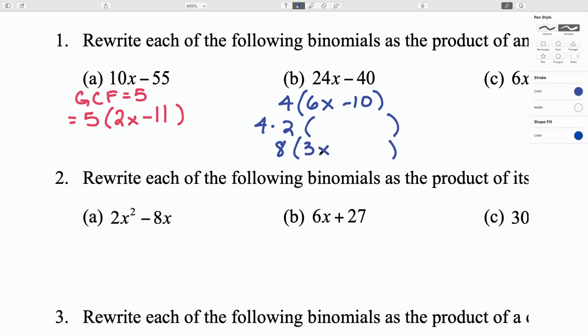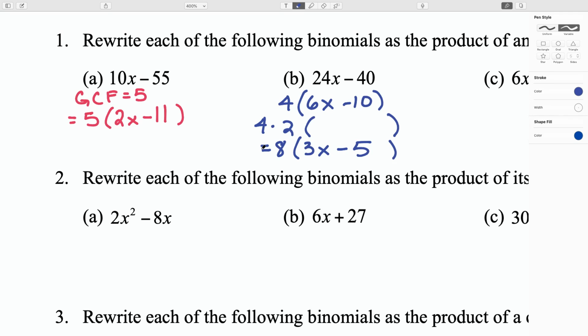So if I multiply 8 times 3x, I'll get 24x. And if I multiply 8 times 5, I'll get 40. So the GCF is actually 8, and our factored form of 24x minus 40 is 8 times 3x minus 5.